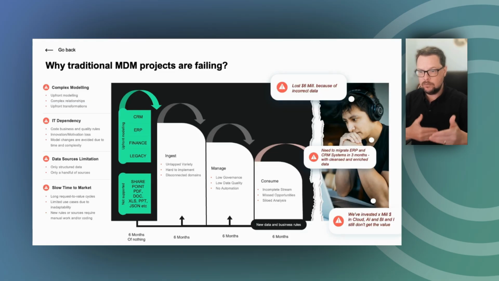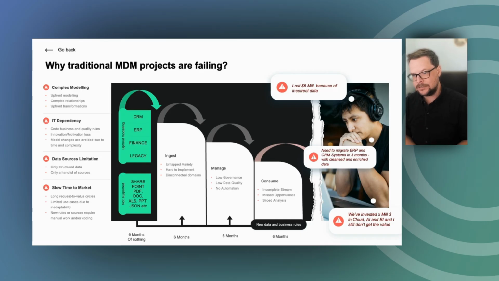MDM obviously went through a similar type of evolution, where the majority of reasons why traditional MDM approaches were tricky to implement was because of this same paradigm. It gave this premise that, listen, we need to bring all of our data together.